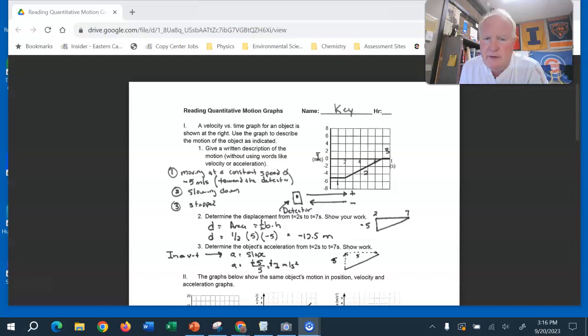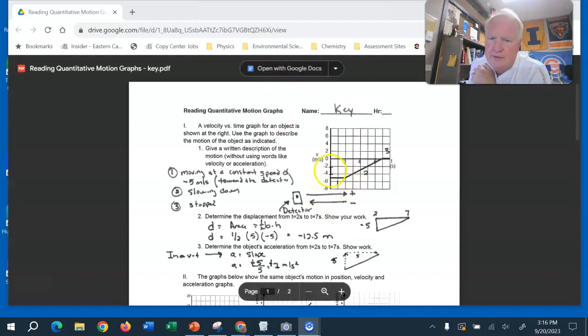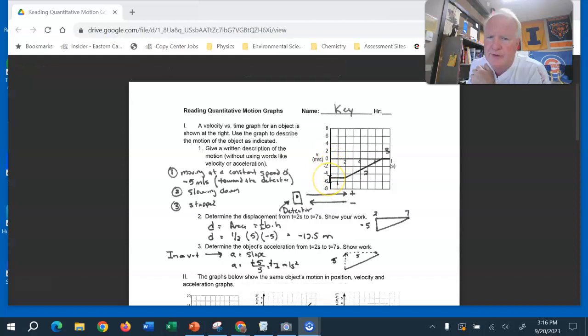It says here, give a written description of the motion without using words like velocity or acceleration. So we go down to the first second. We see that it's a -5 velocity. The first question you probably are having is, what's a negative velocity, right? But we said that a negative velocity, at least in my class, would be when something's moving towards the detector.